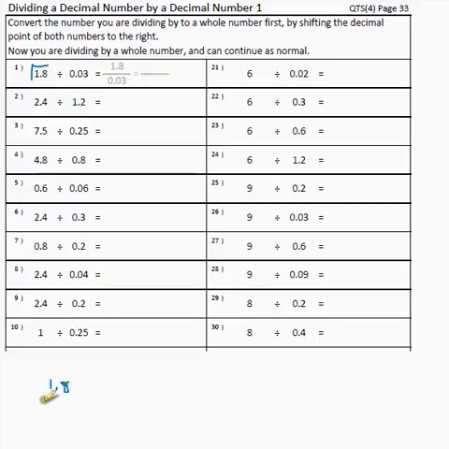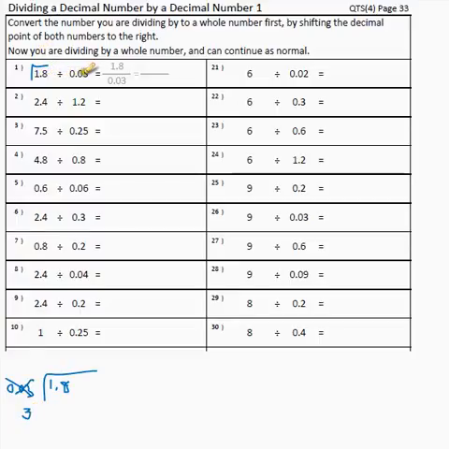A lot of students would try that, but I don't know my 0.03 times table. But what I do know is my 3 times table. So I don't want that there. I want to have a 3 there.